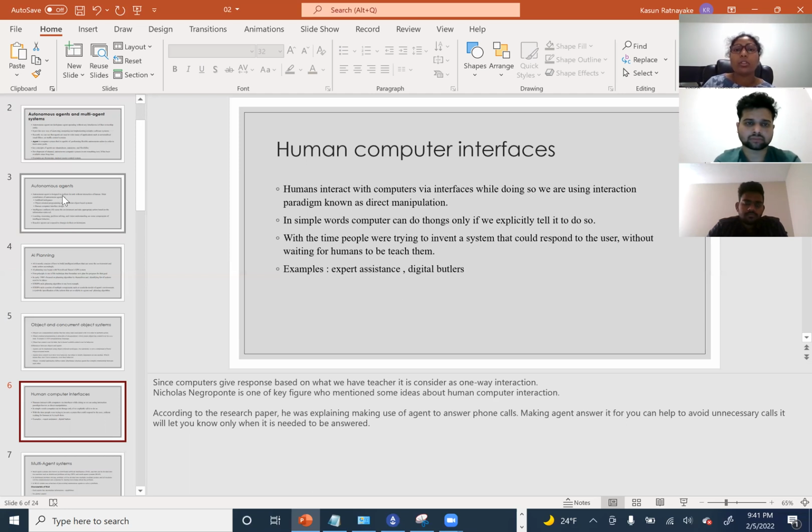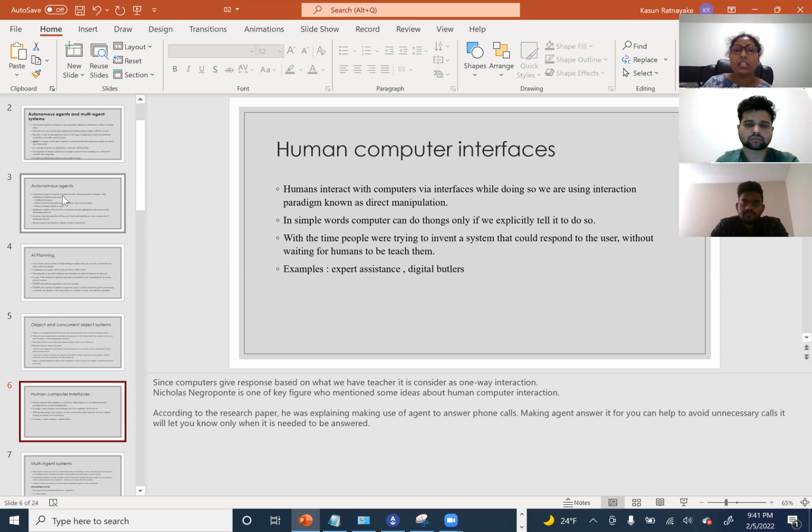When we talk about human-computer interfaces, we usually talk about a paradigm known as direct manipulation. In simple words, a computer can do things if we teach it how to do them, what to do, and when it has to happen.